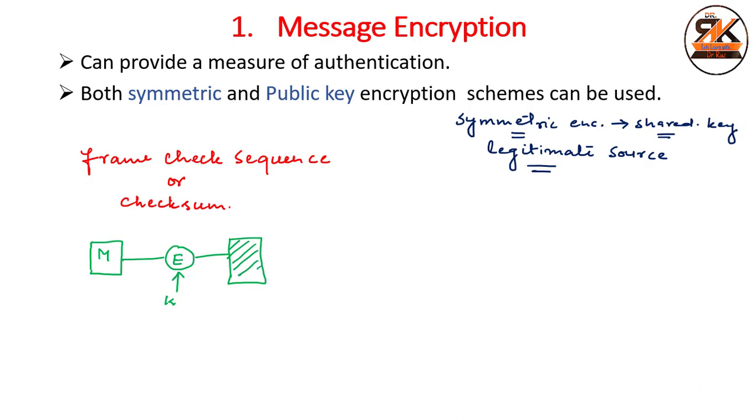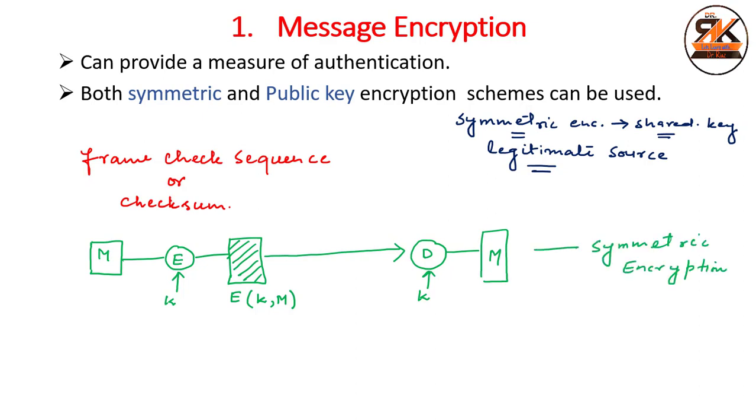This encrypted message is then transmitted. At the destination side, we use a decryption algorithm and apply the same key that we used at the sender side, and then we get the message. That is the simple encryption model that we have studied for symmetric encryption.